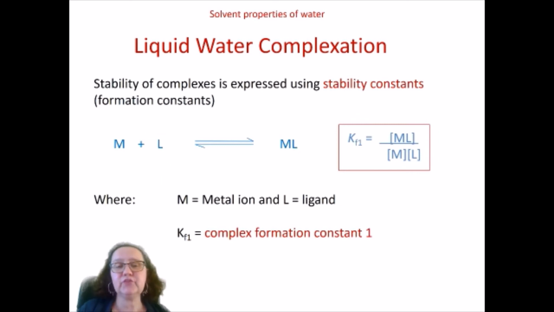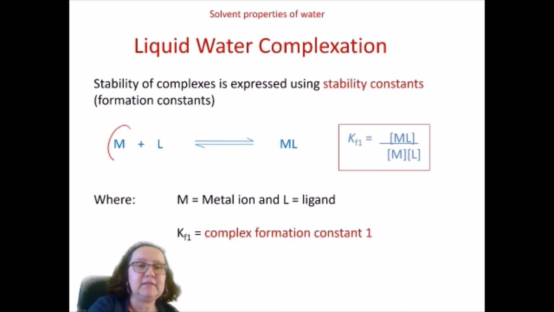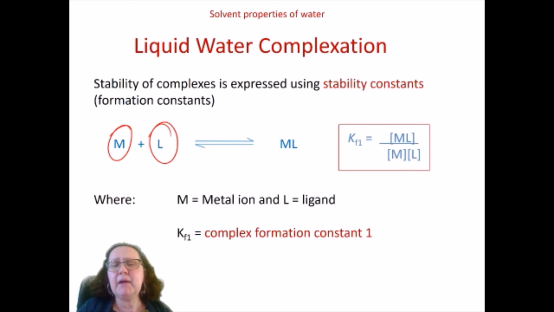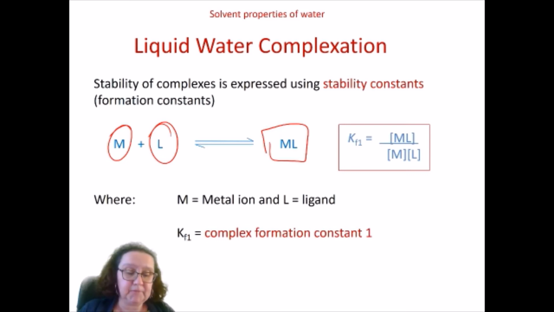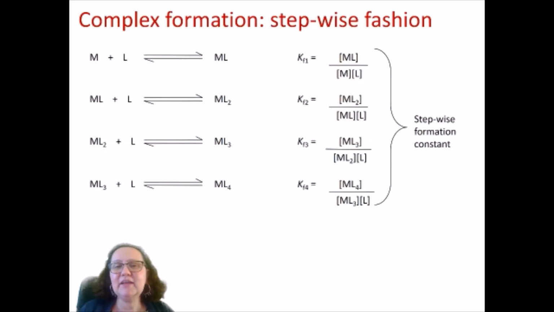We follow this complexation, how easy it is for a particular metal to interact with a particular ligand, by looking at something called the stability constant or formation constant, which tells you how difficult or how easy it is for that complex to form: the concentration of the product divided by the concentration of the reagents. And that tells you how stable that compound is going to be. They are defined one by one.